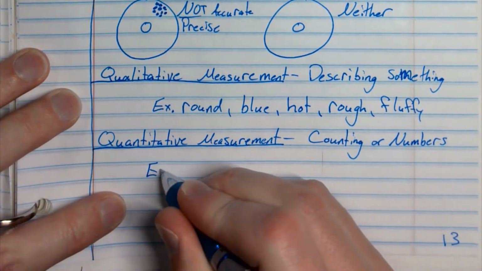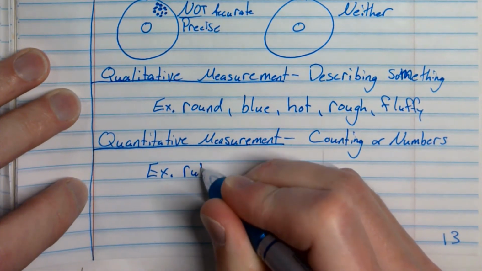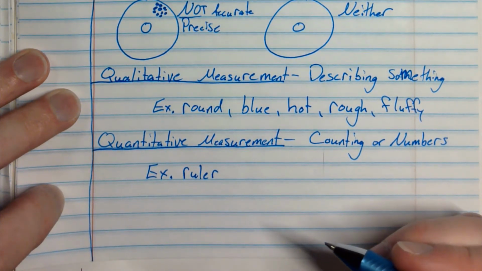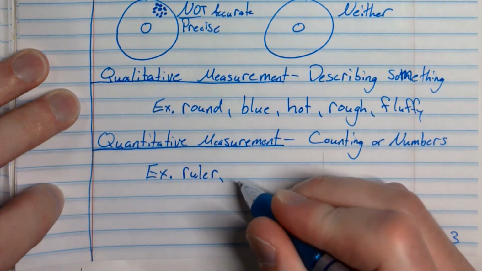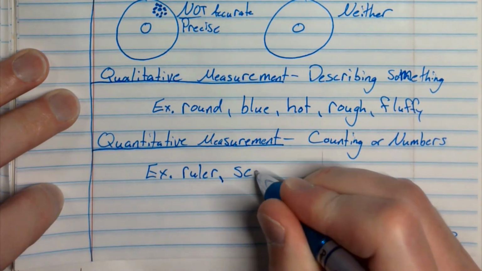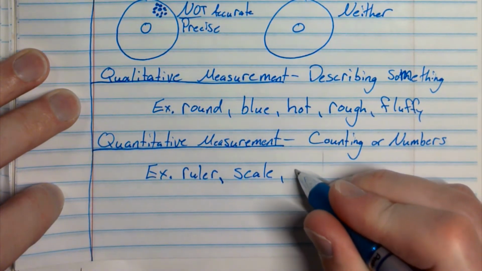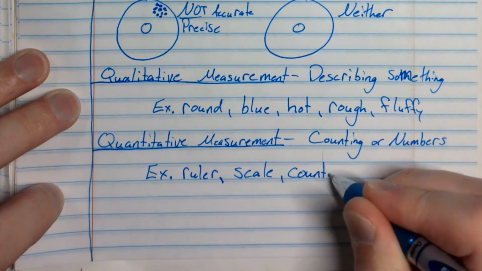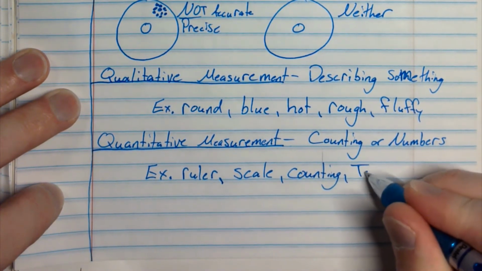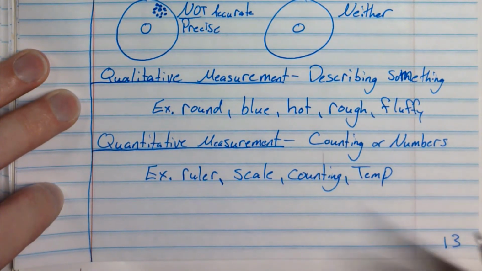So our example for that is using a ruler like we did in my room to measure the volume, or not the volume, the area. So we have scale, counting. It's a great example because it's the definition. And then temperature. So all those things deal with counting or numbers.